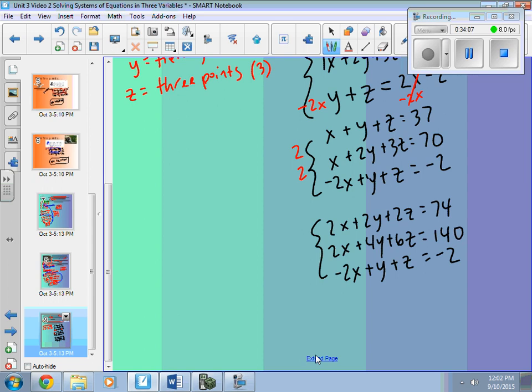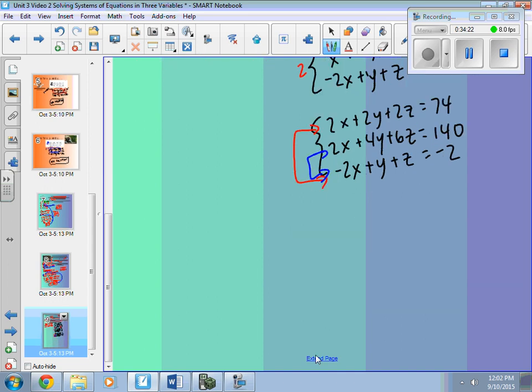Looks like on this one we'd want to add the first and last equations together. That would eliminate the x's. Also, if we added the middle and last one, x's would also eliminate. So let's do that elimination and see what we get. So adding the first and last one, we get 3y plus 3z.